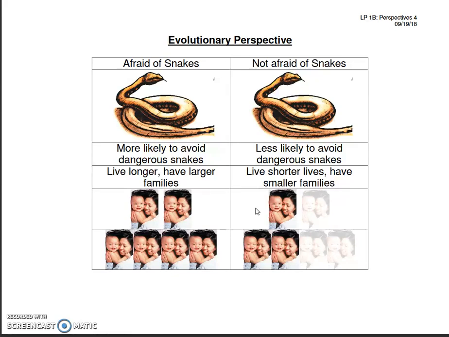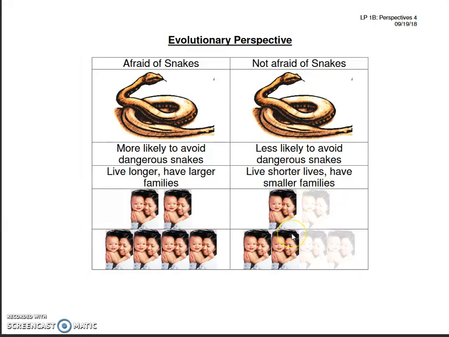Not being afraid of snakes, liking them, and wanting to have them as a cute pet, kind of like a puppy or a kitten, is probably not very successful for that group of individuals. They're less likely to avoid snakes. They are more likely to live shorter lives, and they're more likely to have smaller families.